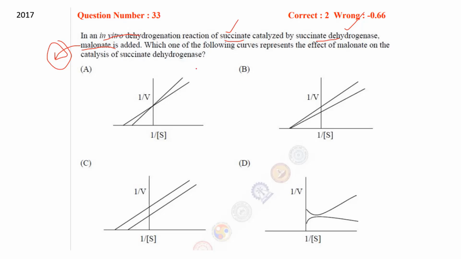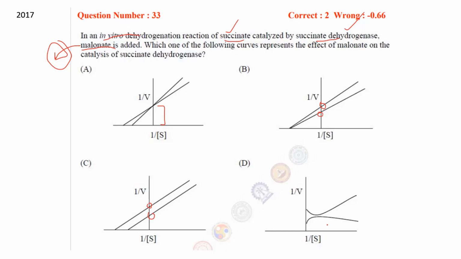In this type of reaction we have to look for the graph in which the Vmax remains the same. Here we can see the Vmax is the same for both lines, although the slope is changing. Here Vmax is different, one is here and one is here. Here also Vmax is different.